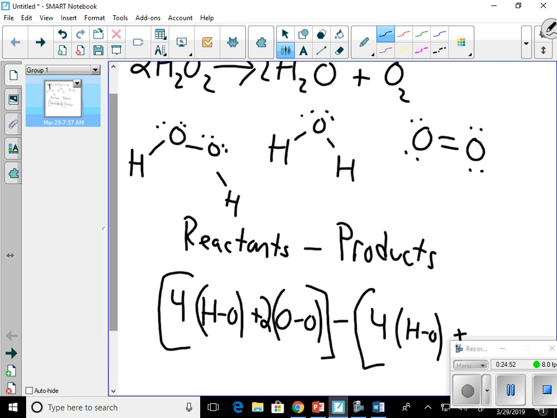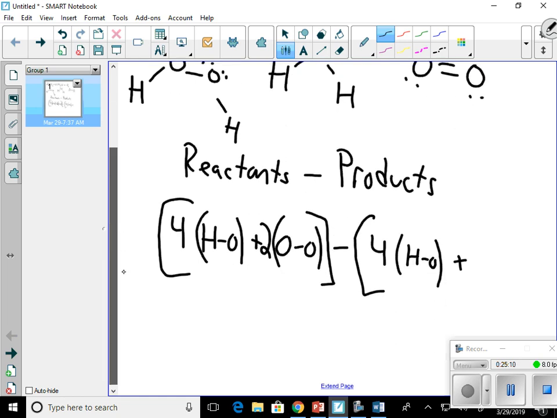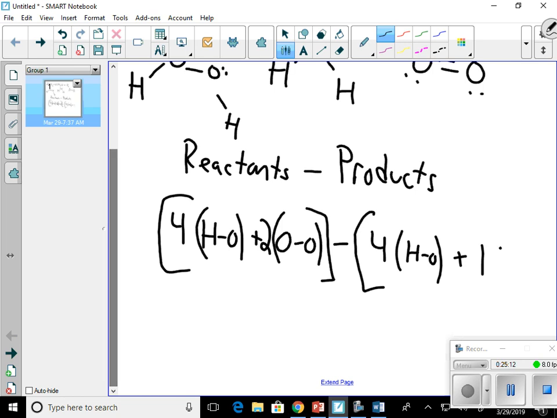We need to be careful with this. There is one OO double bond. There's a difference between a single bond and a double bond, and you can't just multiply by 2 for a single bond. So there's one OO double bond. There's a coefficient of 1 in front of that. So there's one OO bond.